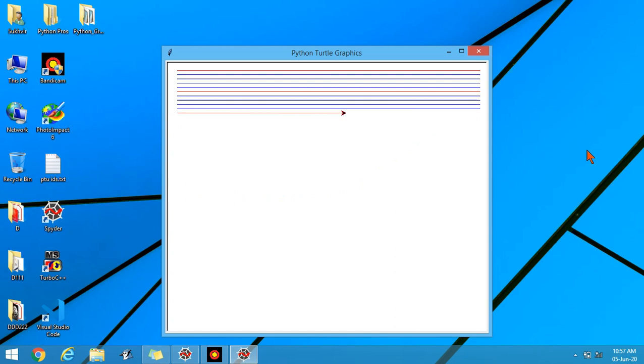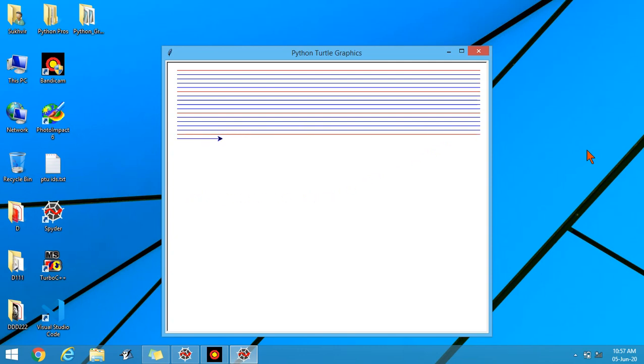You can check the implementation of pen up here. The turtle is moving but without drawing anything. When we use pen down, it will draw. You can design many more other practical examples.